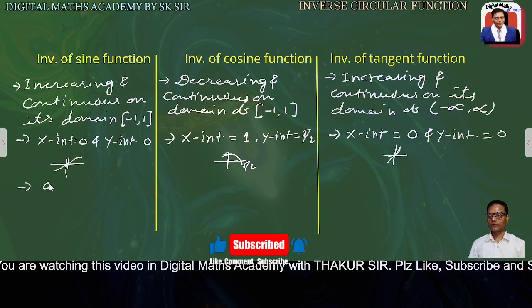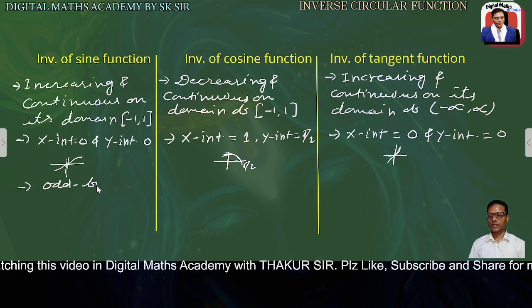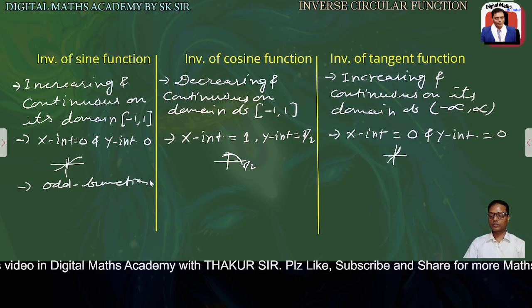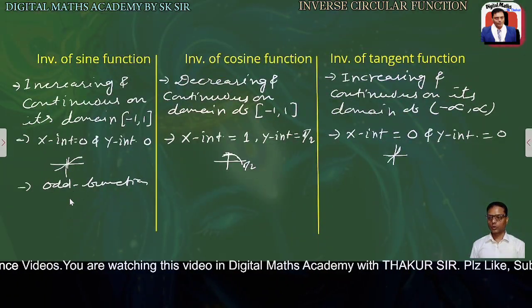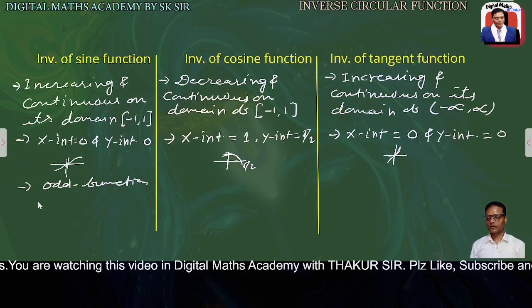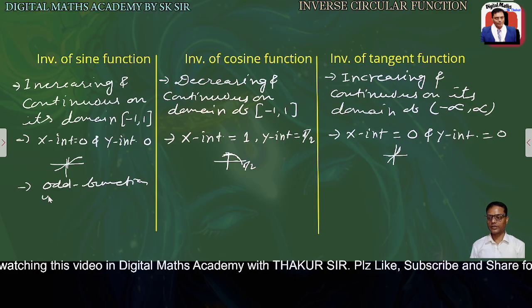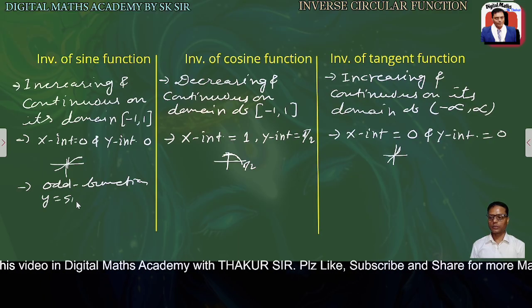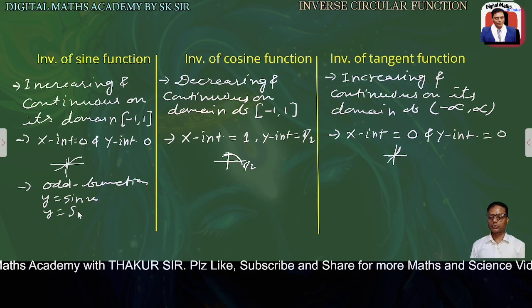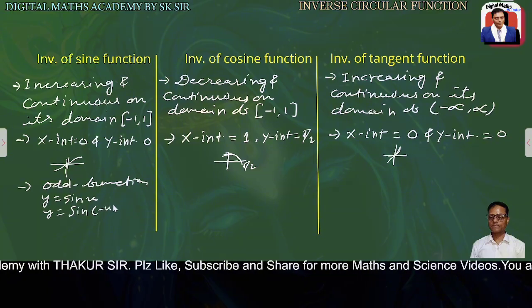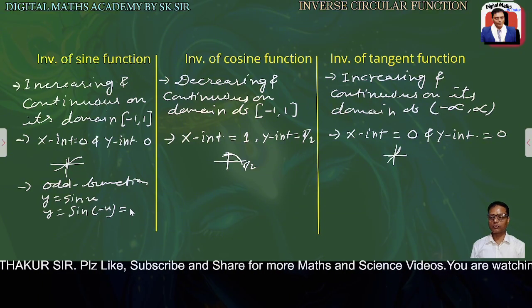It is an odd function. What does odd function mean? If y equals sine x, and if y is equal to sine of minus x, then sine of minus x is equal to minus sine x, right?